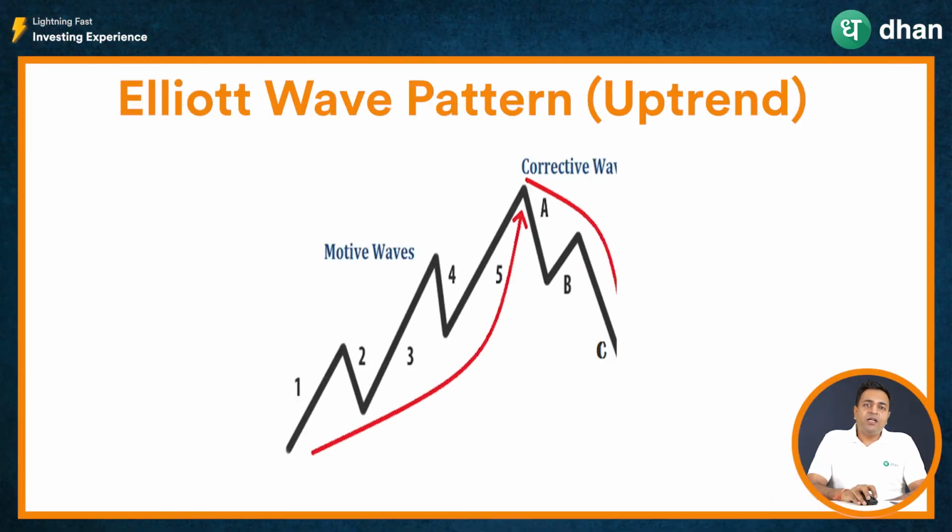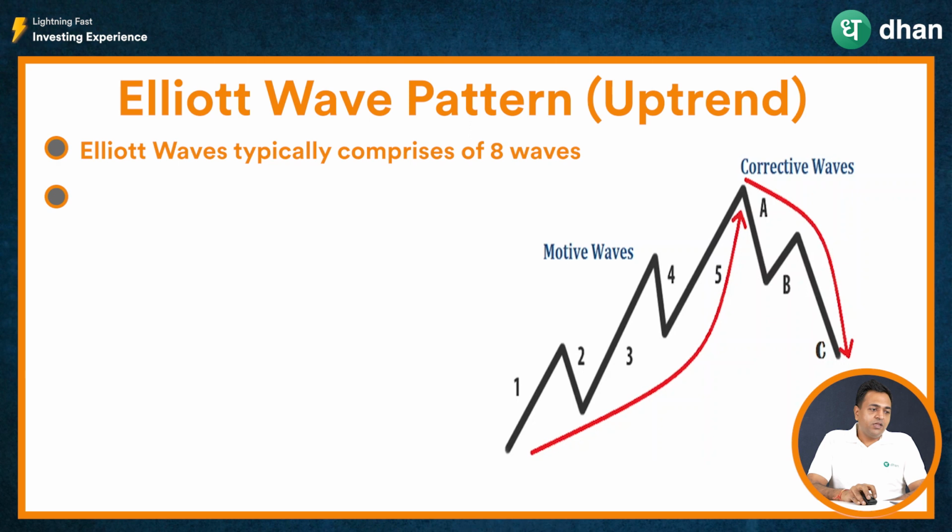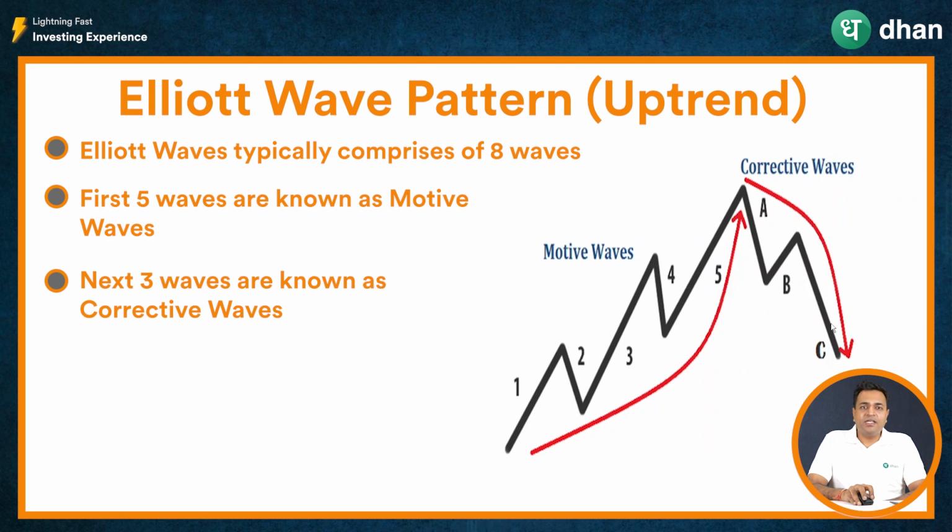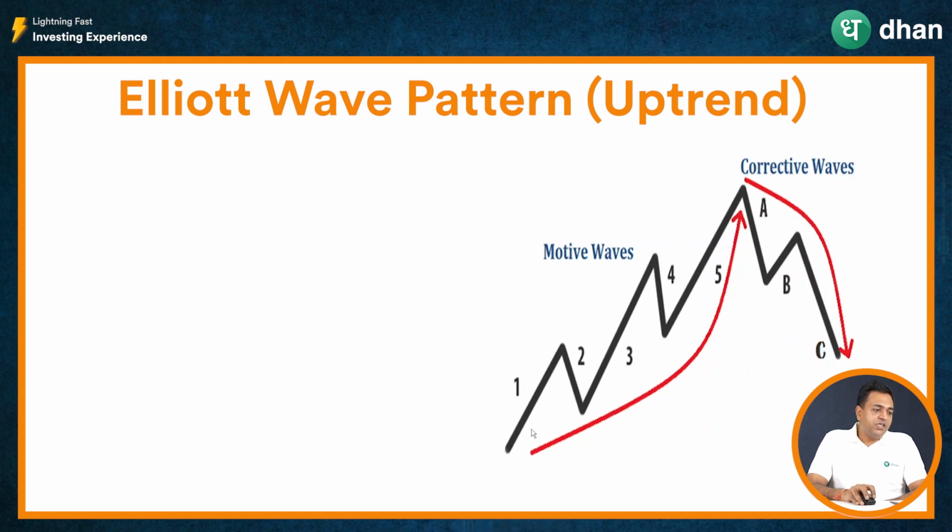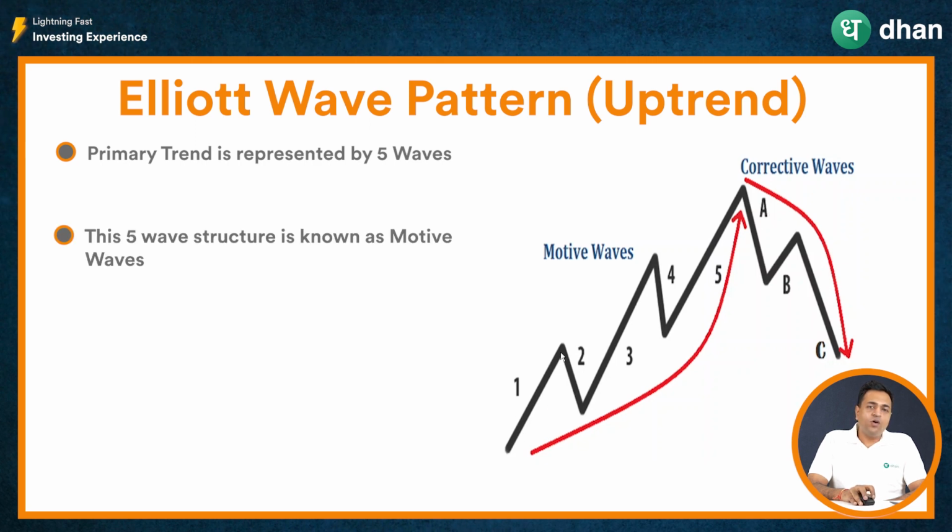Elliott wave pattern typically comprises 8 waves. The first 5 waves are known as your motive waves, as you can see on my screen, and the next 3 waves are known as your corrective waves. The first 5 waves, the motive waves, let's talk about them. The 5 waves typically represent your primary trend, which in this case is an uptrend, and are typically represented by numbers. The first movement is wave number 1.